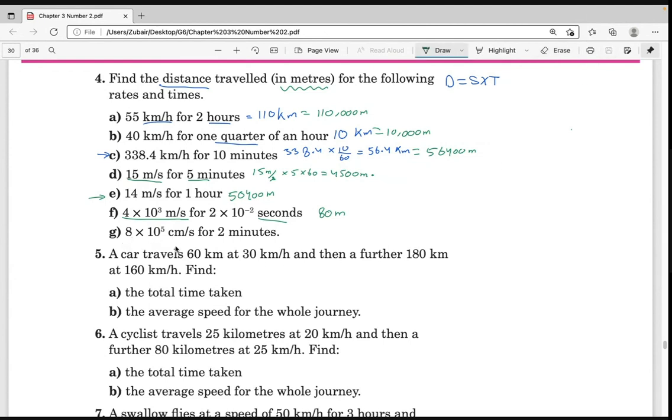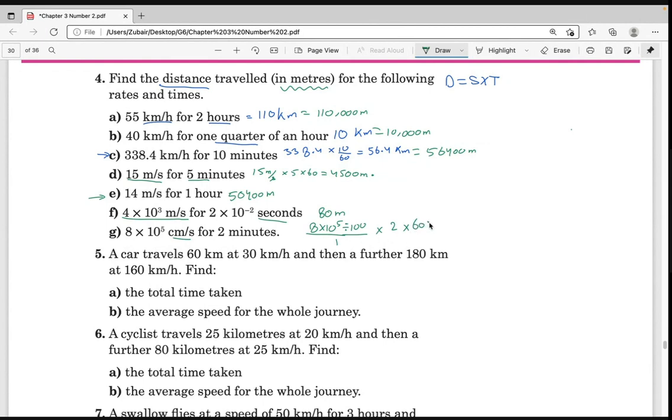Part G: centimeter per second and minutes. So centimeter to meter. 80 into 10 raised to power 5. These are centimeters per second. So I'm converting this by dividing by 100 into meter and already by 1 second and times 2 minutes. So 2 minutes into 60.